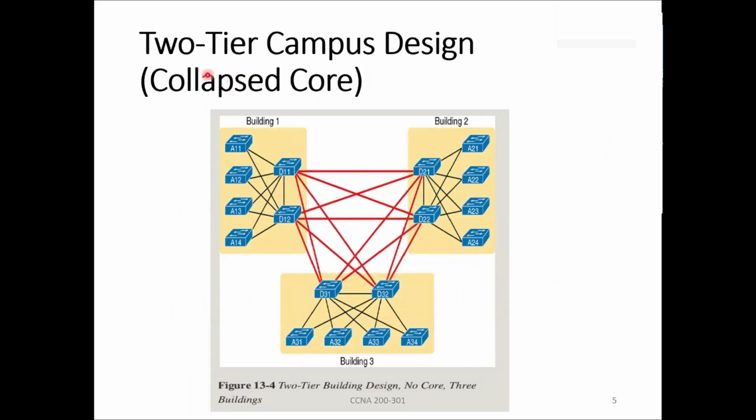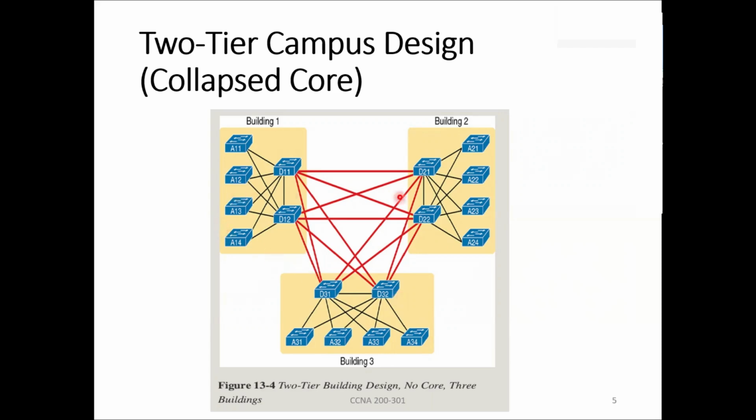Another kind of design we have is called two-tier design, where there's no core switch. You can see we have building one. In building one, we have all the access layer switches, then you have the distribution layer switch. Building 2, we have access layer switches and a distribution layer switch. Building 3, we have access layer switches and a distribution layer switch. This is mostly a large office or hospital or school or university campus.